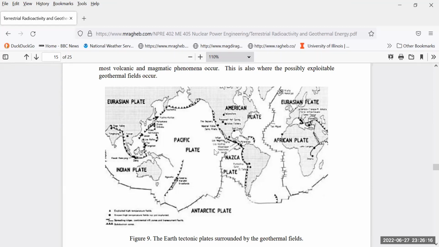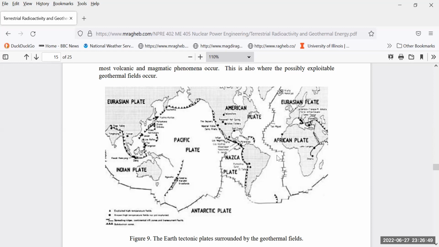And as the Earth is, for instance, look here, the Pacific plate has volcanoes all the way surrounding it. Like if you go to Japan, for instance, or the west coast of the United States, the west coast of South America. In the Atlantic, we have two plates that are subducting one into the other. In fact, if you look at the geometry here, you can see that the African plate and the American plate at some point were joined together right here.